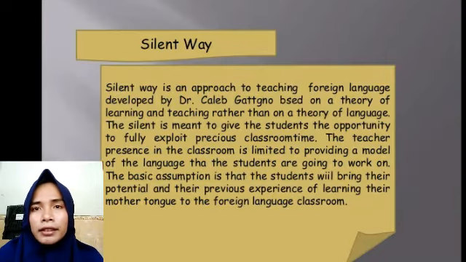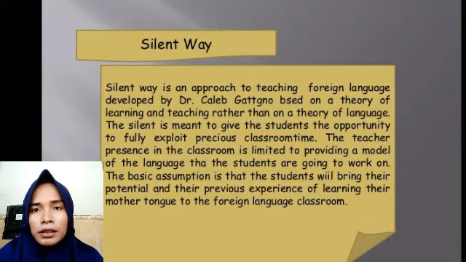And next, silent way. Silent way is an approach to teaching foreign language developed by Dr. Caleb Gattegno, based on a theory of learning and teaching rather than on a theory of language. The silence is meant to give the students the opportunity to fully exploit precious classroom time.